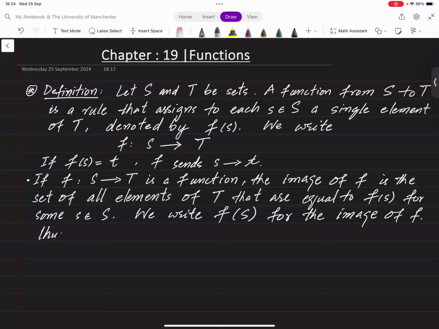Thus, f(S) is going to be a set which contains all the f(s) such that s is an element in the capital S. Okay, perfect. So that's how we talk about the image. And the set S is the domain of the function f.